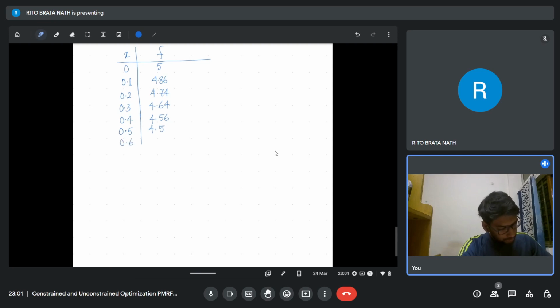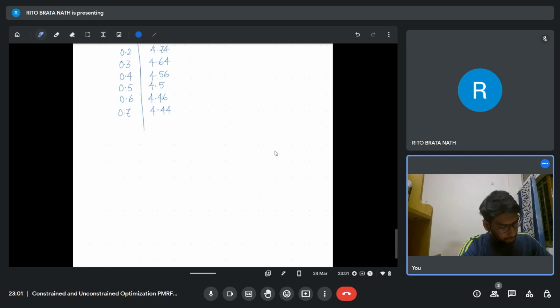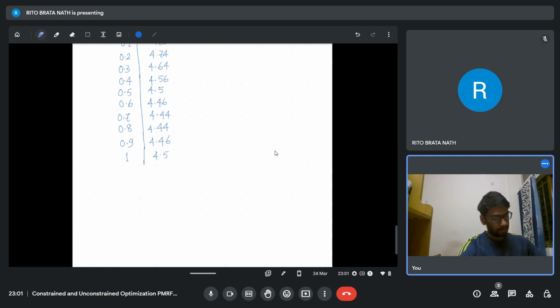At 0.6, it is 4.46. At 0.7, it is 4.44. At 0.8, it is 4.44. At 0.9, it is 4.46. And at 1, it is 4.5. I hope these calculations are fine.